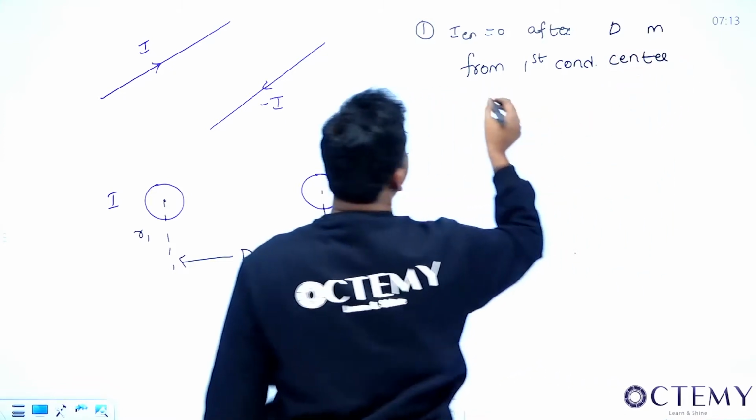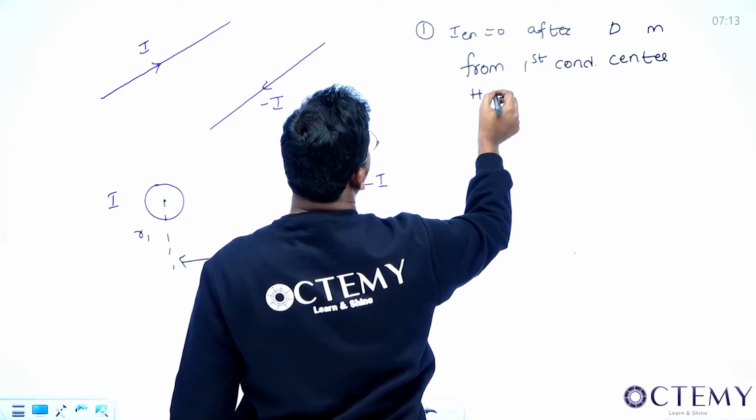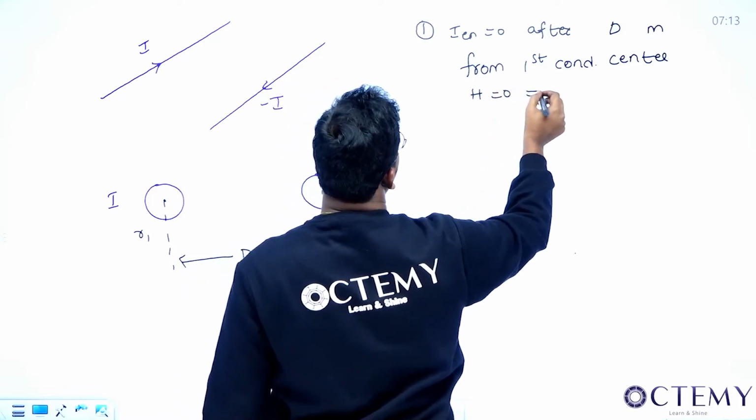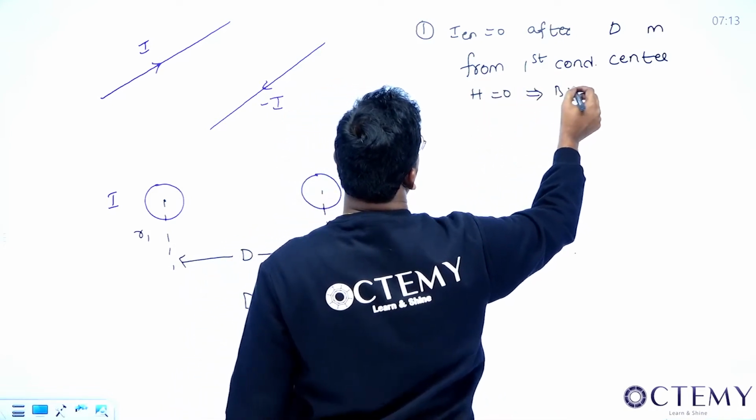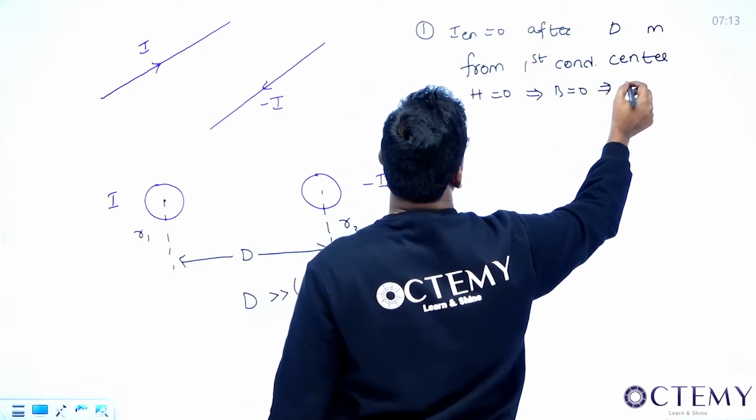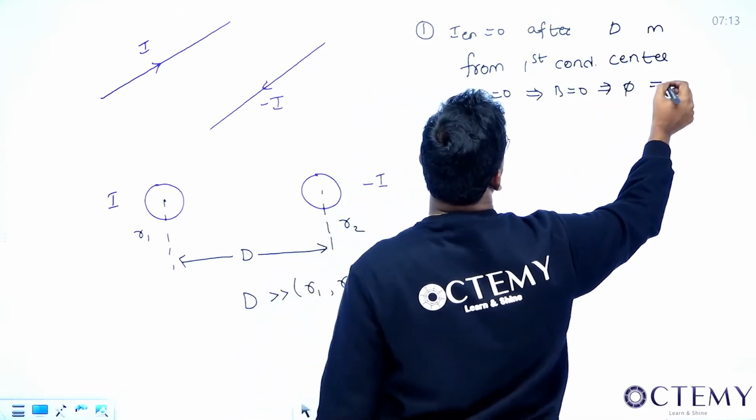If the I enclosed is 0, then obviously the H will be 0. If the H is 0, then B will be 0, phi will be 0, everything will be 0. So inductance is not there.